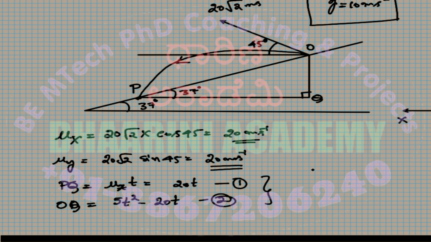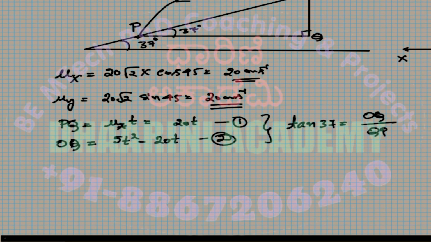So apply these two to calculate the tan of 37. So tan 37 should be equal to OQ divided by QP. So tan 37 can be approximated to 3 by 4. 0.75 should be equal to OQ, that is 5t square minus 20t divided by 20t.